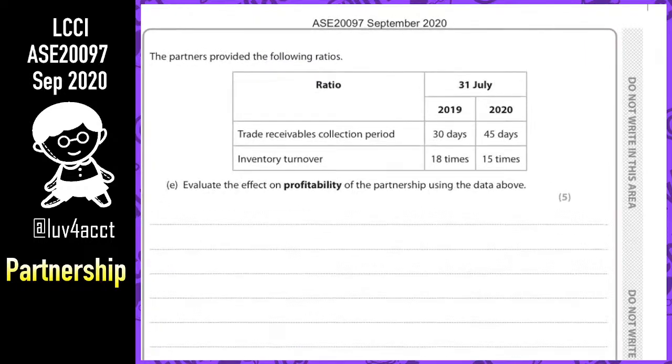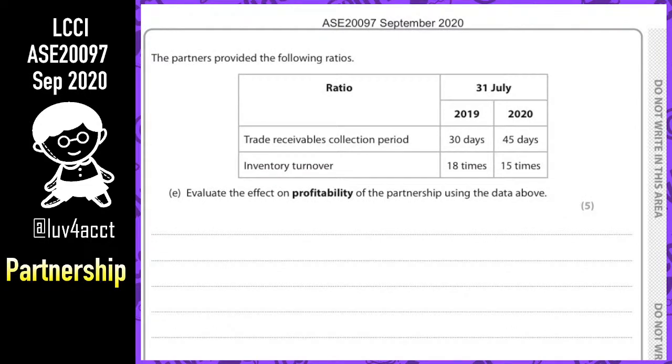Okay, so let us see. Trade receivables collection period is increased. That usually means trade receivables increase. Inventory turnover decreased. That means usually you have a decreased inventory. Profitability, how will it be affected?